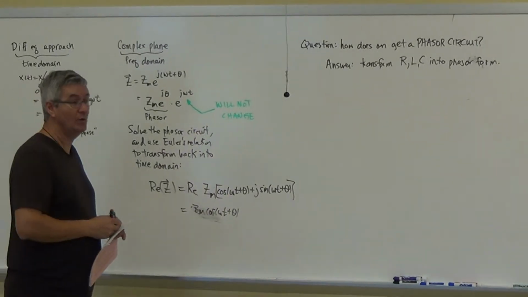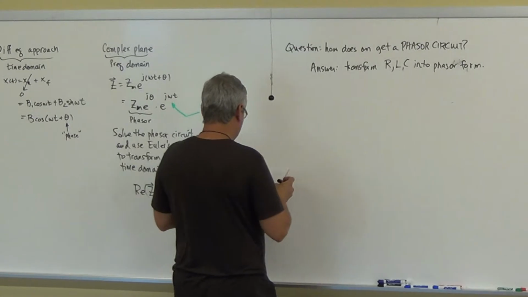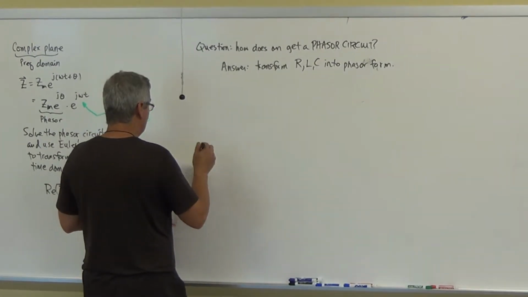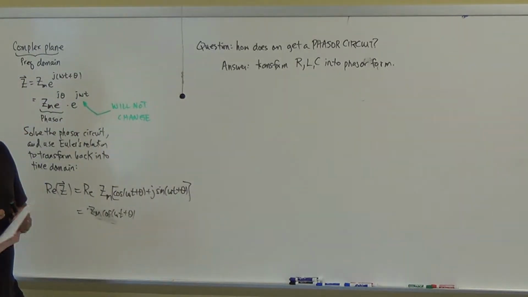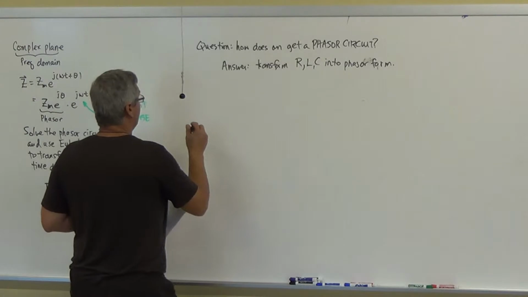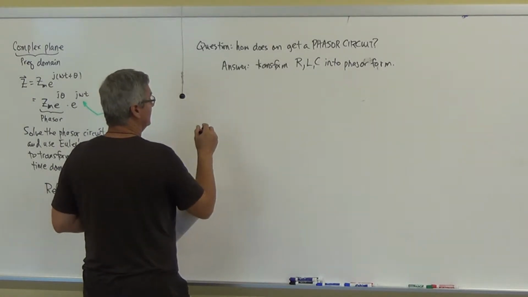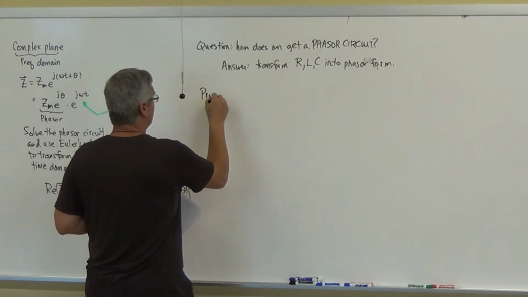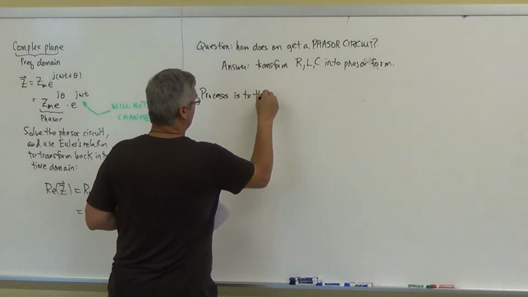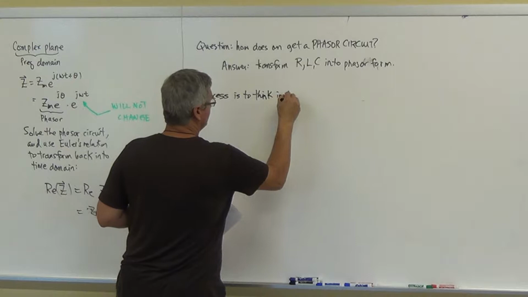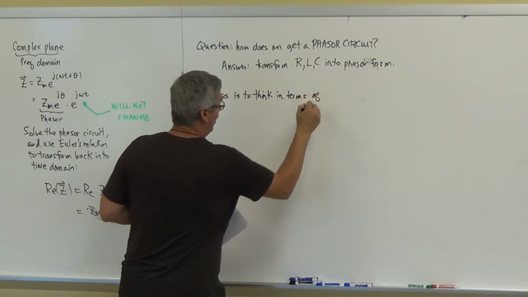Okay. So here's where we were last time. To do this, I need to convert these and transform them into phasor form. So my process is to think in terms of Ohm's law.